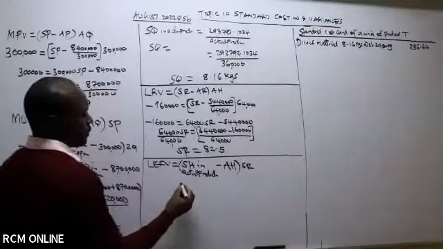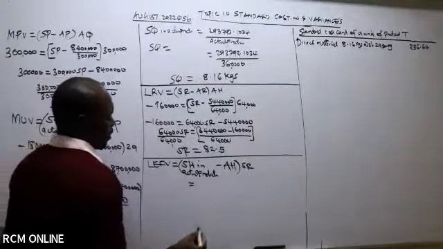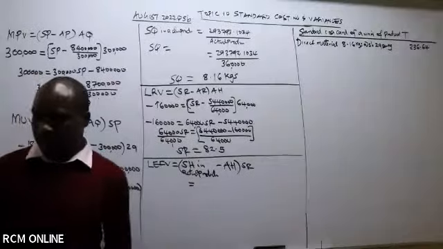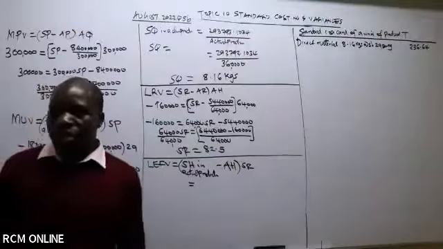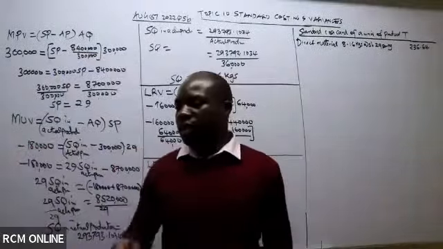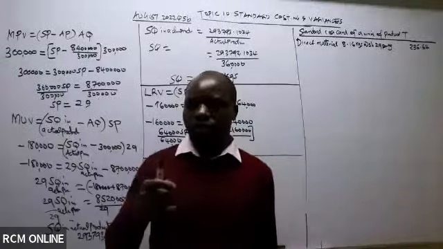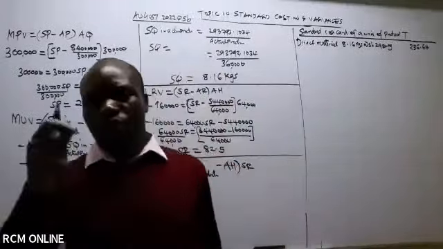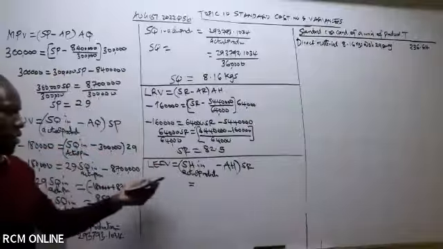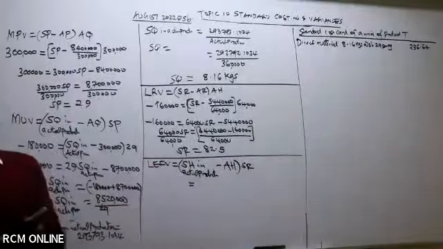So look at the question first and tell us whether you have been given the labor efficiency variance. If yes, please post it down there. And the sign matters. Is it adverse or favorable? That matters a lot when you're doing the reverse calculation.